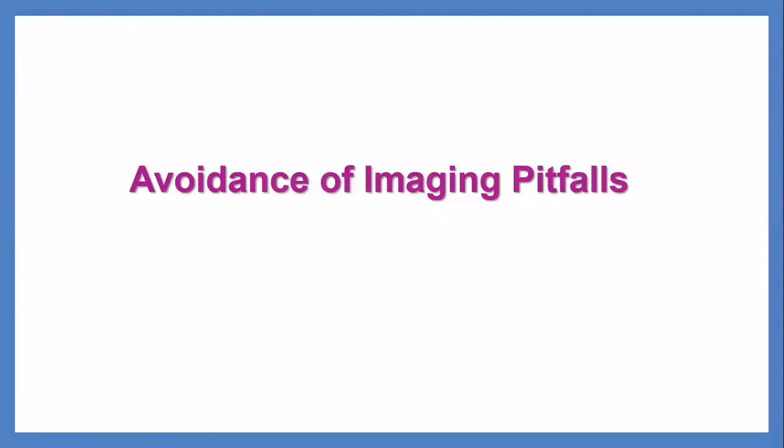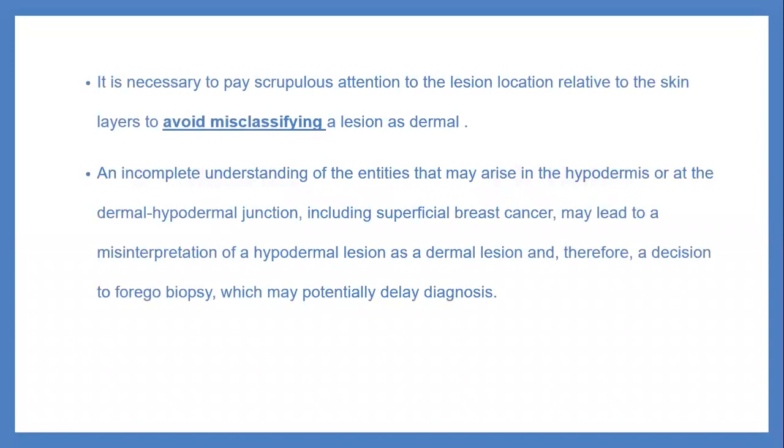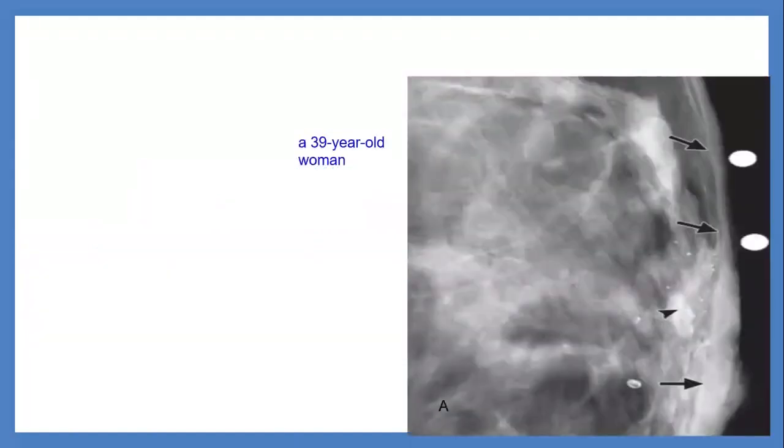How to avoid the pitfalls of misclassifying lesions? Look here at these examples. What can you see? You can see some skin thickening and added density or asymmetry with suspicious calcification in close intimate relation to the skin.